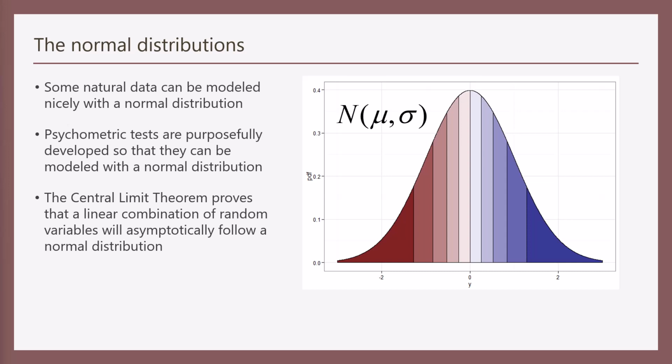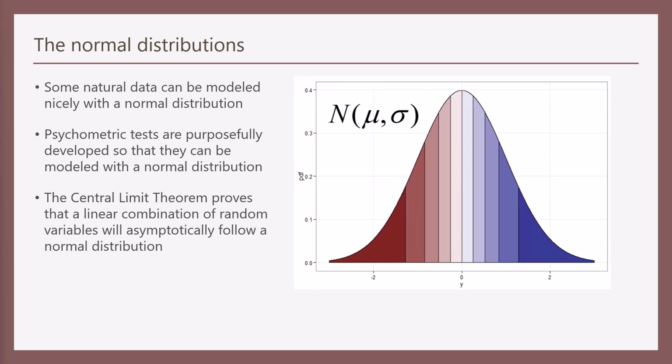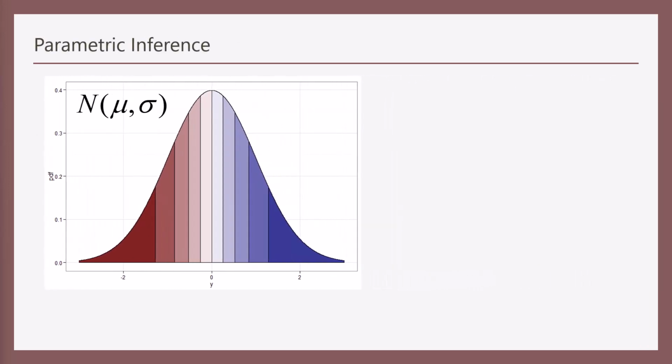This allows us to make inferences based on these parametric methods. That is, parametric inference is conditionally based on knowing the probability distribution that serves as a reasonable model for our data.